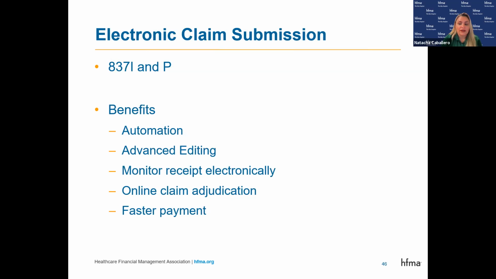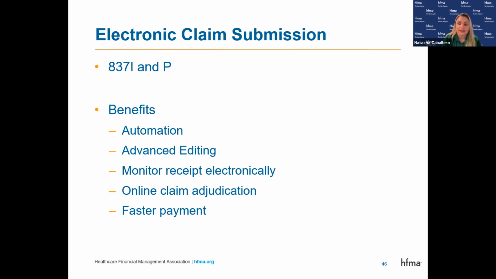Both UB04 and CMS 1500 paper forms have been translated into electronic forms. Electronic data interchange, or EDI, is the technology used for translating, standardizing, and sending transactions electronically. The electronic version of the UB04 is called the 837I, and the electronic version of the CMS 1500 is called the 837P.